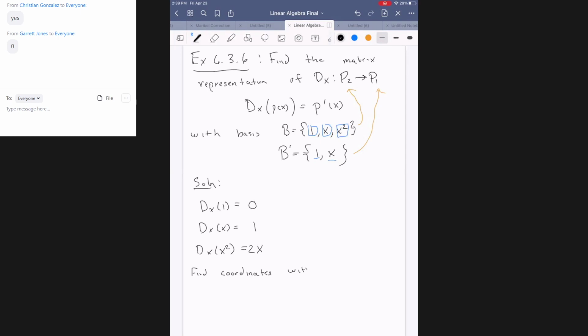Finding coordinates with respect to B prime. What's the coordinate of 0 in the B prime basis?